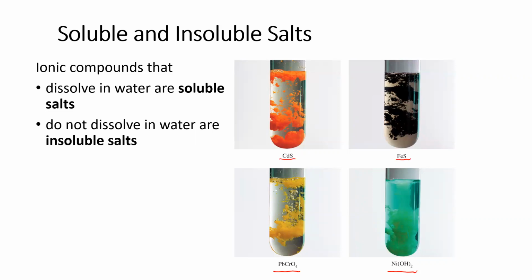All of these are really pretty colors. You don't always get such a wide variety of color, although you can. Many of your precipitates, like silver chloride and barium sulfate, tend to be just white precipitates. I just wanted to show examples of insoluble salts that actually give you different colors.